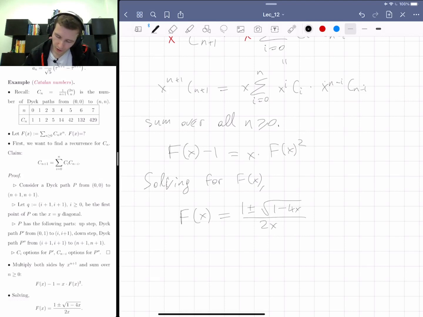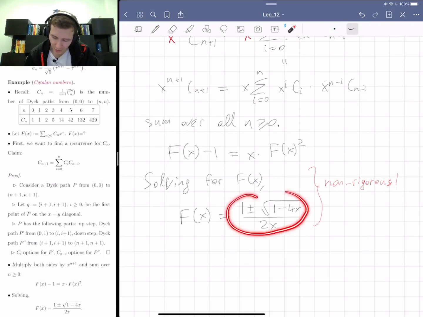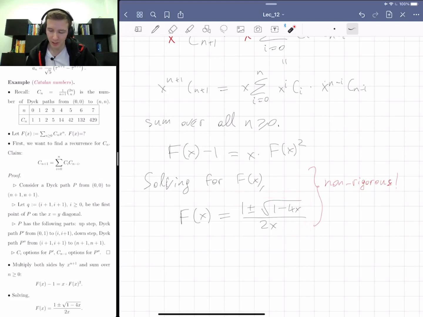So let me be very clear: this is non-rigorous. If you mindlessly manipulate generating functions, you get weird things. For example, here there is a plus minus, right? f of x is a well-defined formal power series, but on the right you all of a sudden have two solutions somehow.